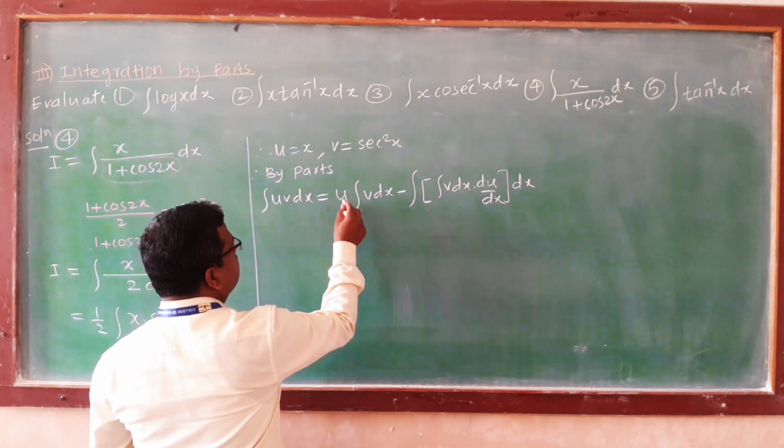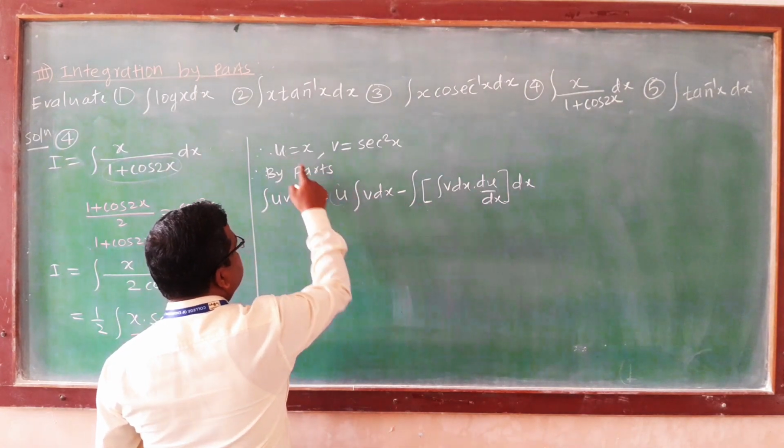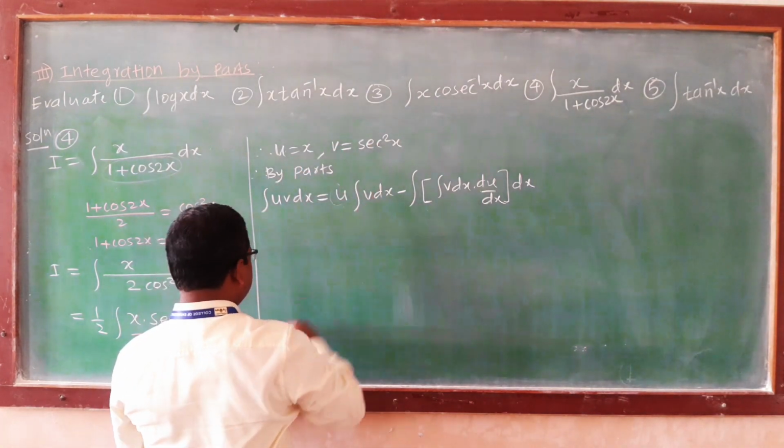Now in this formula put values of u and v. U is x and v is sec square of x.